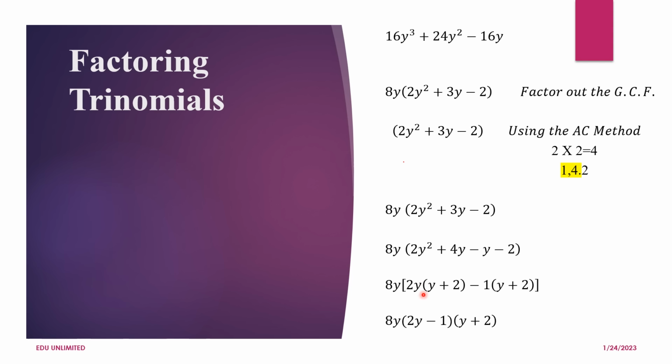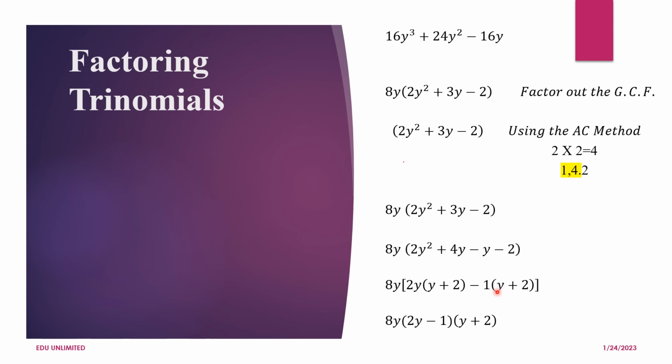The common factor here is 2y, because 2y is the highest common factor. 2y into 2y squared gives us y, and 2y into plus 4y gives us 2. Anything that's in this bracket here must also be in this bracket here. So we divide negative y by y to get negative 1.